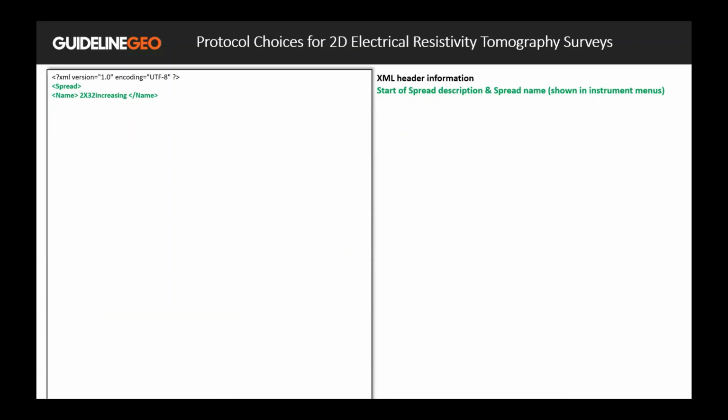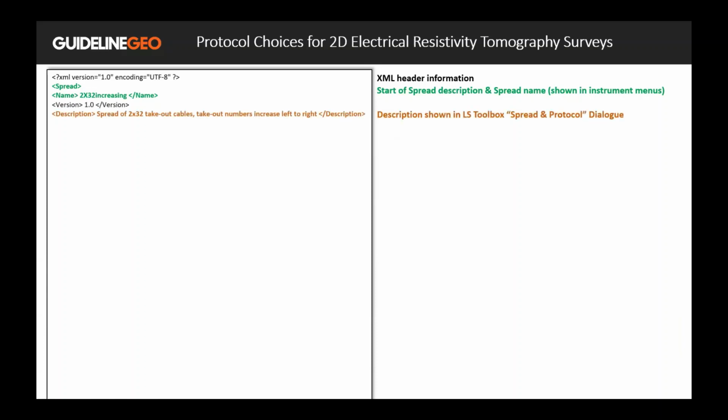So if making a new spread file, the text here is what defines the name shown in the Terrameter user interface. Even if the file is saved with a different name, it's important to update the text within the spread file itself, because that's what is linked to what you see on the Terrameter LS user interface.